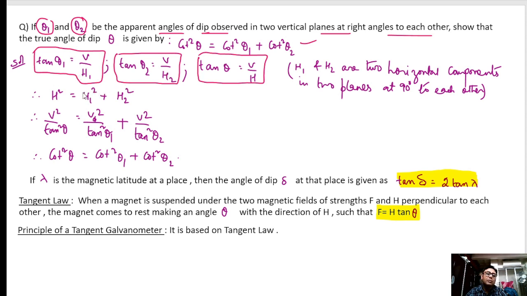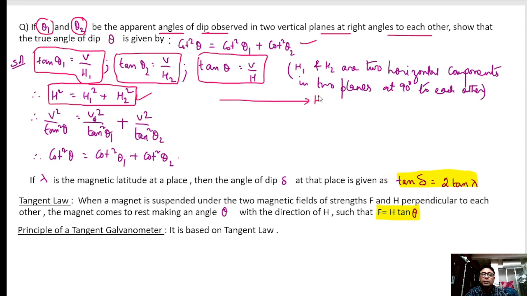So let's first see what we can write down: H square equals H1 square plus H2 square. Please remember this.